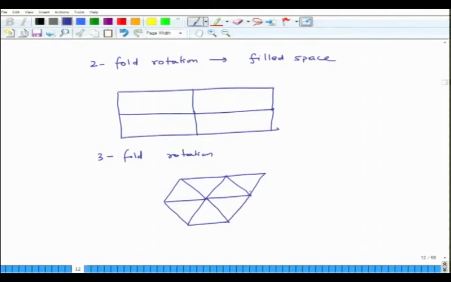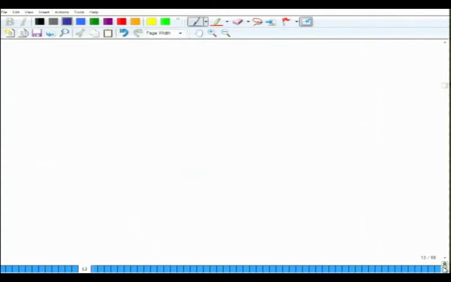So, all these will fill the spaces, three-fold and six-fold, right. Again, space filling. So, space filling is an important criteria. Okay. If you look at four-fold, the squares, all of them will fill the space.